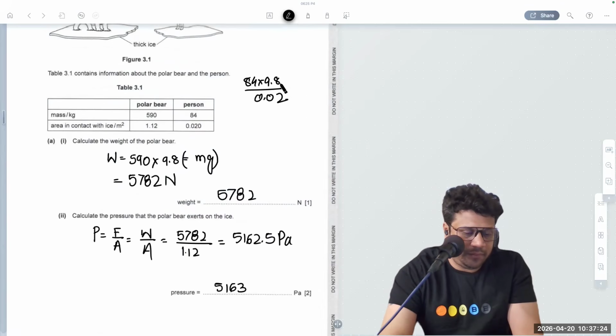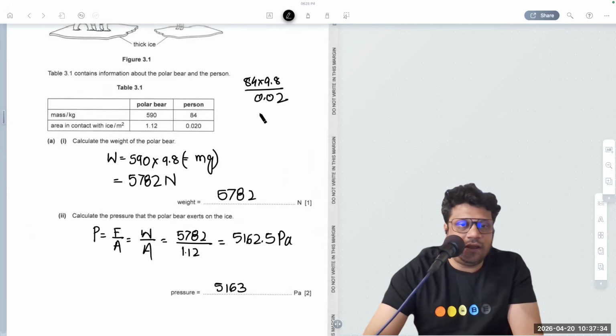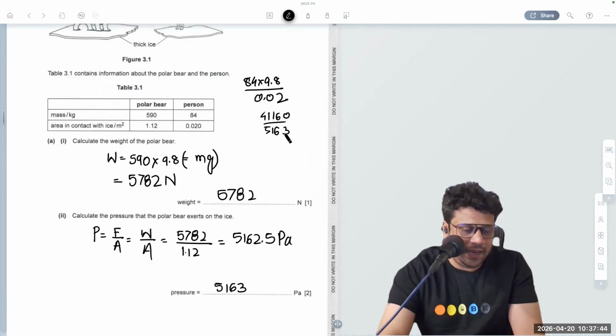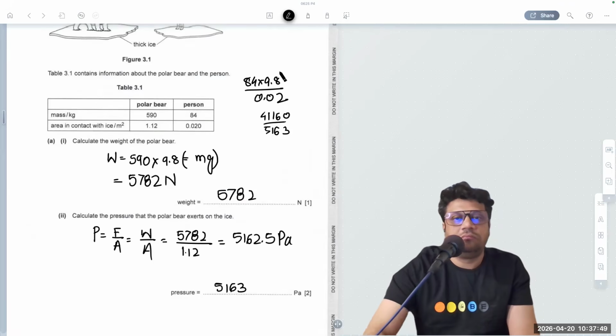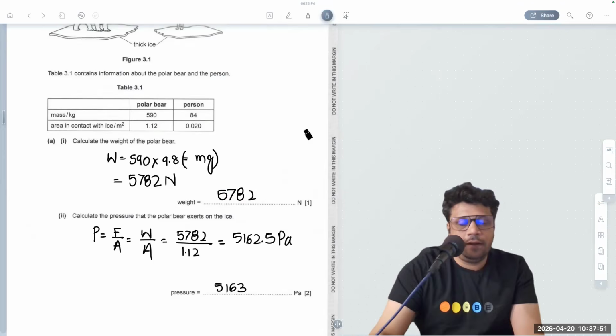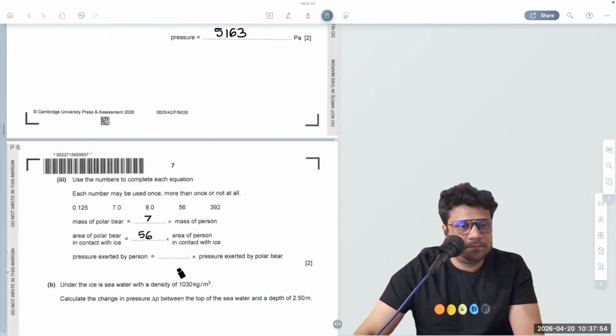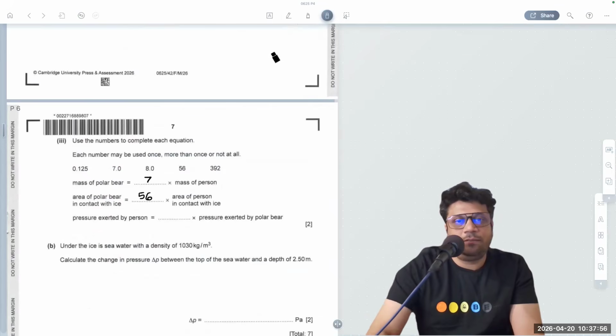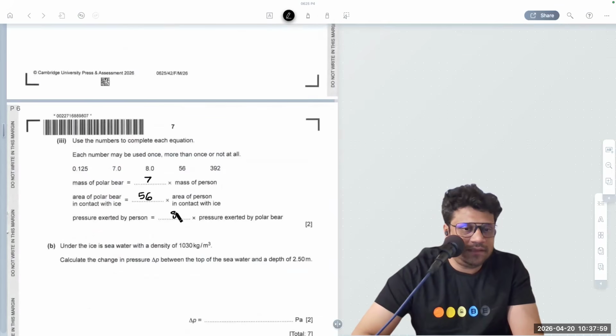That's like way large, 41,160, and the pressure by the bear was 5163. So almost 8 times. So this guy applies 8 times the pressure.